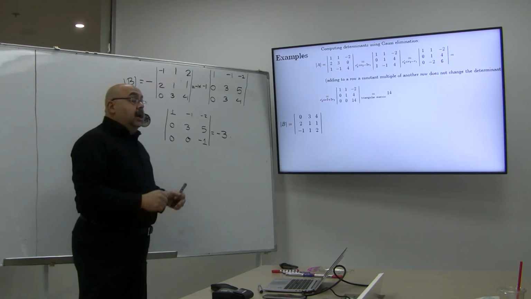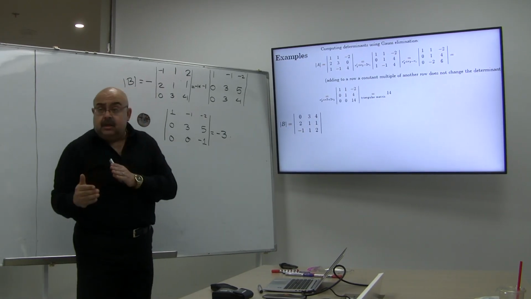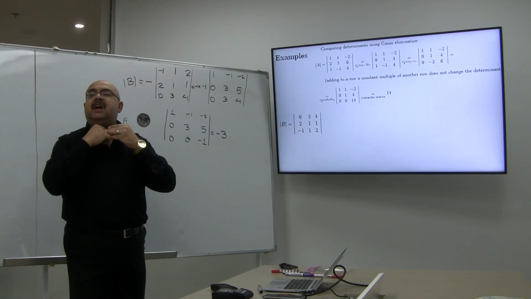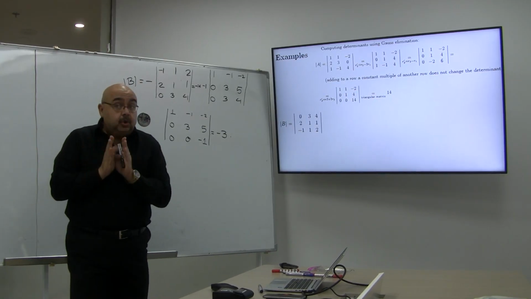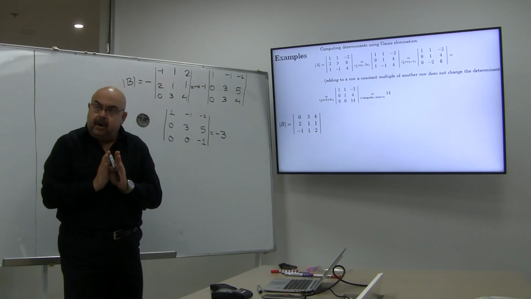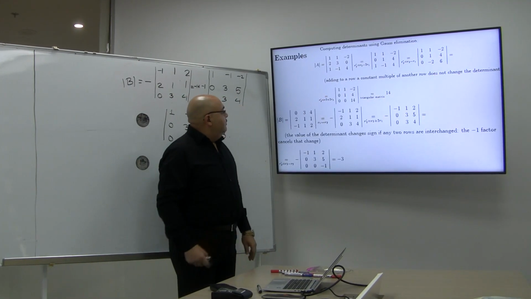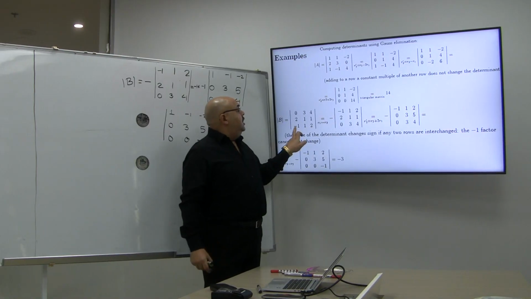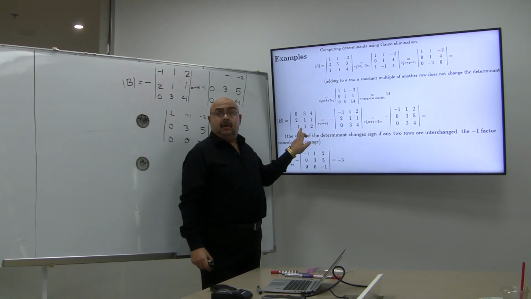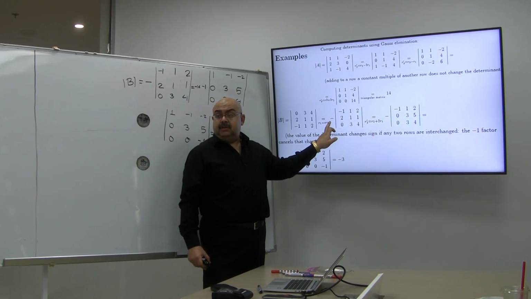Okay? It's not the only solution, Mr. Hussein. I can play with it as I want, but just to keep the properties in your mind, let's see how he did it. Okay, step by step. First thing, he interchanged the rows, so the sign changed.